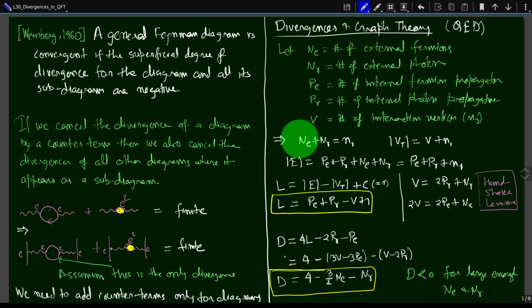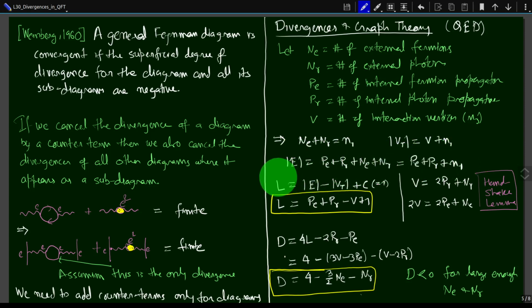So that means that N_e plus N_gamma is equal to N1, the total number of 1-point vertices, and the total number of vertices is V plus N1. So for all the graph theoretic formulas, it's V_T that will appear. And the total number of edges we have in the theory is P_e plus P_gamma plus N_e plus N_gamma. These are the number of edges. Okay, and so N_e plus N_gamma is just N1. So that's simplified.